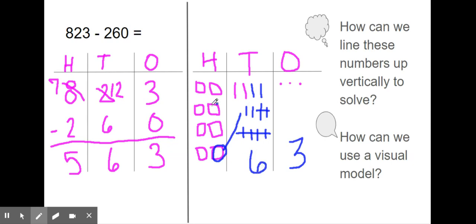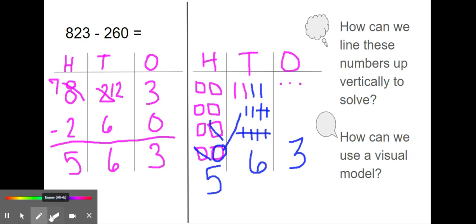And now let me count my hundreds that are left. Well, I have to take away 2 hundreds first, right? So let me take away 2 hundreds. And now let me count how many hundreds I have left. 1, 2, 3, 4, 5. So look, 563, 563. We did a great job.